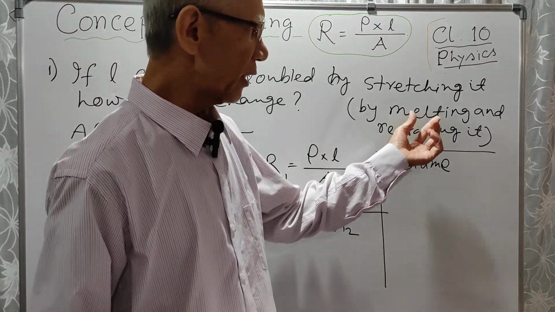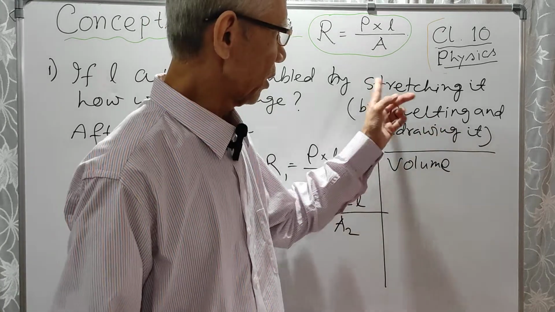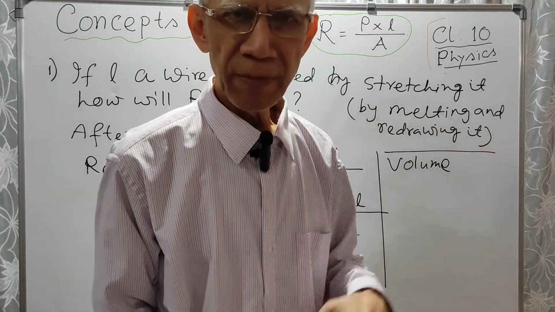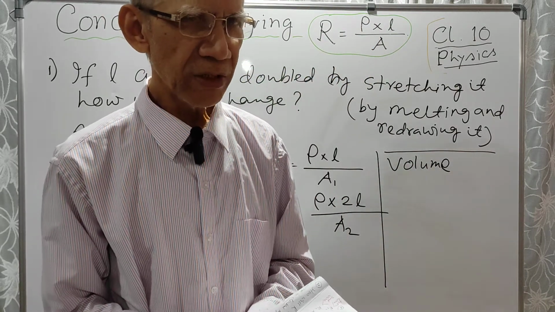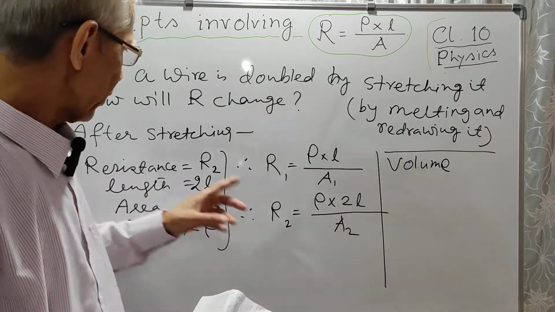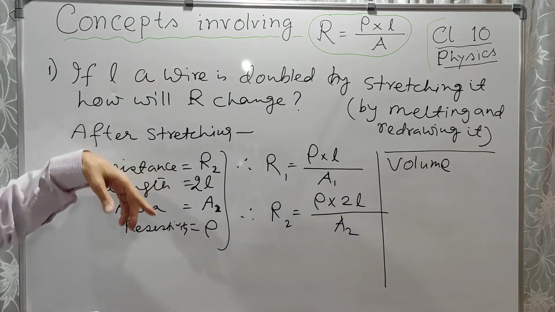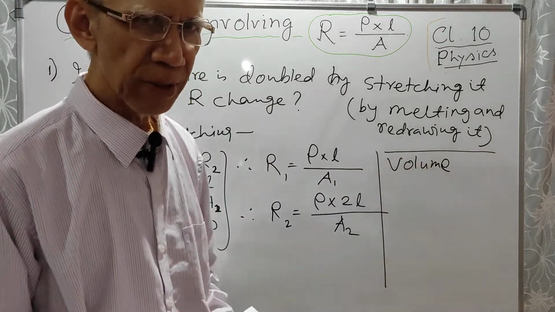Now when you melted and reshaped it, redrew it, or stretched it, the mass does not change, the volume does not change. So what has changed? Only the length has changed. Length has become double. So the volume of the first original wire before stretching and the wire after stretching, of course the same wire, therefore the volume will remain the same.